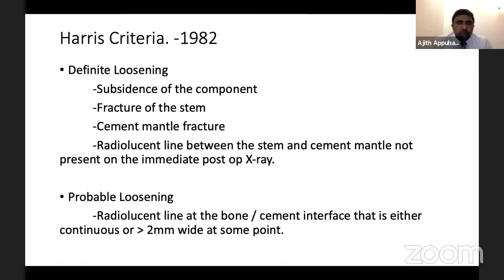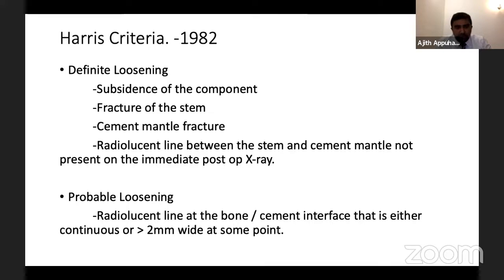Okay, now we'll go to how we assess this radiographically. We have discussed loosening areas; now we assess loosening radiographically. This is the Harris criteria from 1982. Harris did an autopsy study, and he classified definitive loosening, probable loosening, and possible loosening.